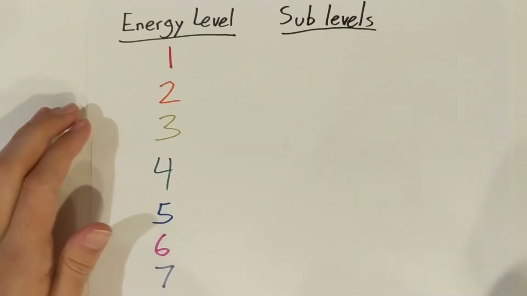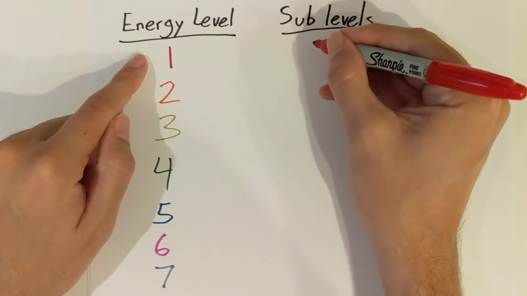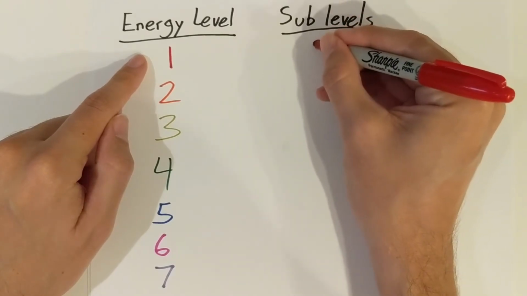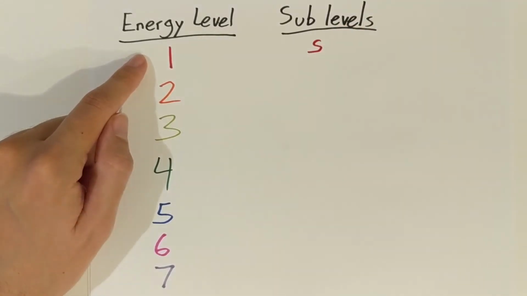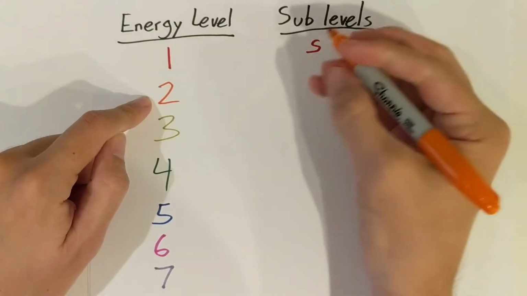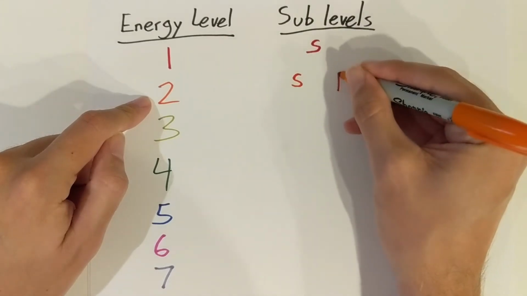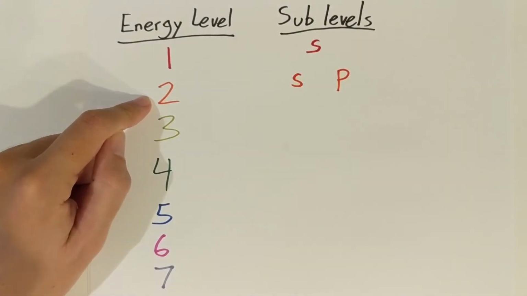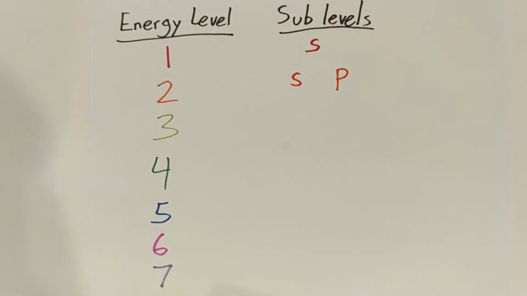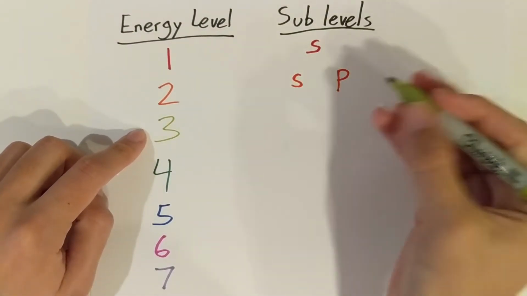So energy level 1 is the smallest. It only has one sublevel, and that's going to be called sublevel S. Energy level 2 has S and P. When we get to energy level 3, we have one more sublevel. We're going to have S still.